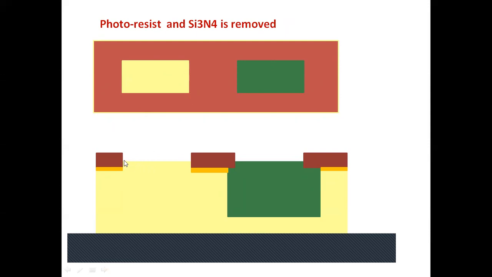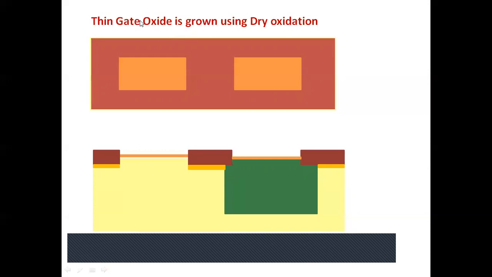Then now we will grow silicon dioxide, because this region will act as the channel region. So on the channel, a very high quality thin oxide is grown here. High quality thin oxide is grown. Again this is oxidation, and this time it is a dry oxidation.